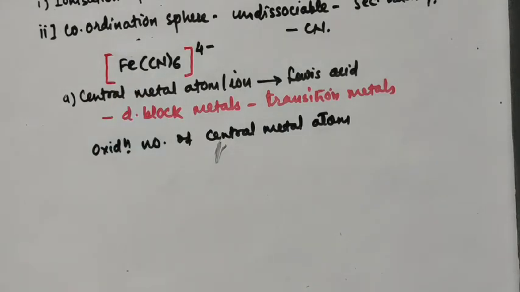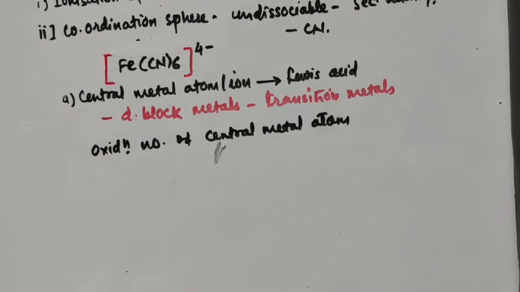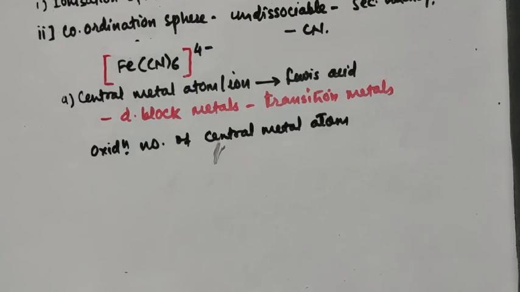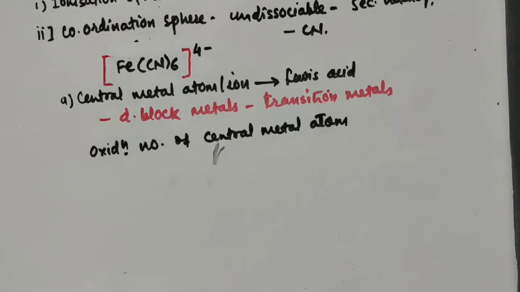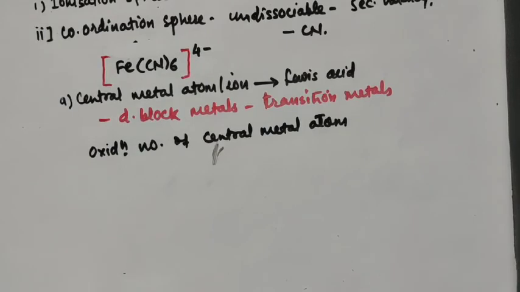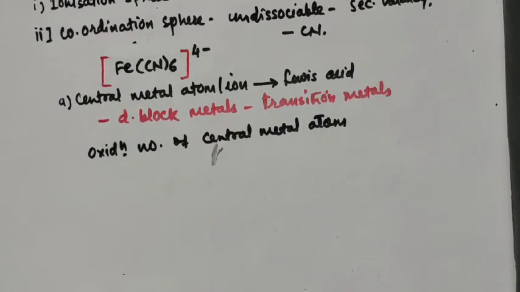Wherever there is an ion, the oxidation number of the metal is the sum of oxidation numbers of all the atoms present. If it is a neutral molecule, the sum of oxidation numbers of all the atoms in the molecule is equal to 0. If it is an ion, then the sum of oxidation numbers of all the atoms in the ion is equal to the net charge present on the ion.